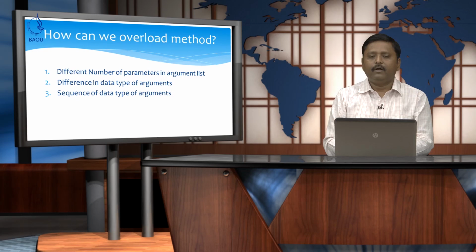For example, if we have a sort method which takes two parameters, one an integer array and another a type which determines whether to sort data in ascending or descending order, the user can provide the array first and the type second, or the type first and the array second. This is how we can also achieve method overloading to provide flexibility to the user. These are the three ways in which you can overload a method in Java.